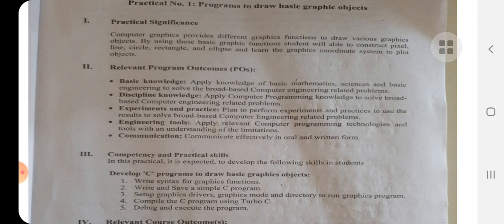The program outcomes of this practical are basic knowledge, discipline knowledge, experiments and practice, engineering tools, and communication. Then develop a C program to draw the basic graphics objects, write the syntax for graphics functions, and write and save simple C programs.